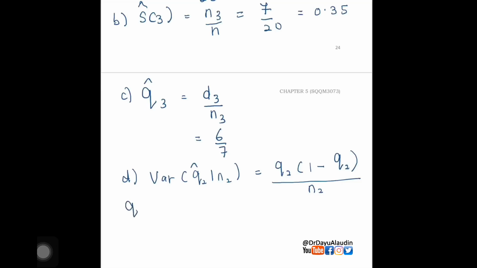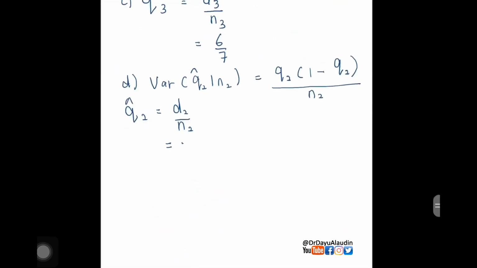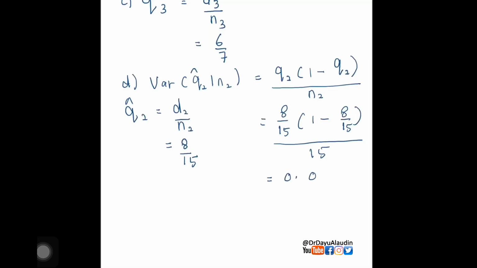So what is Q2? Q2 is equal to D2 over N2. So D2, 8 over 15. So you substitute here 8 over 15, 1 minus 8 over 15, and N2 is 15. And you will get 0.0166.